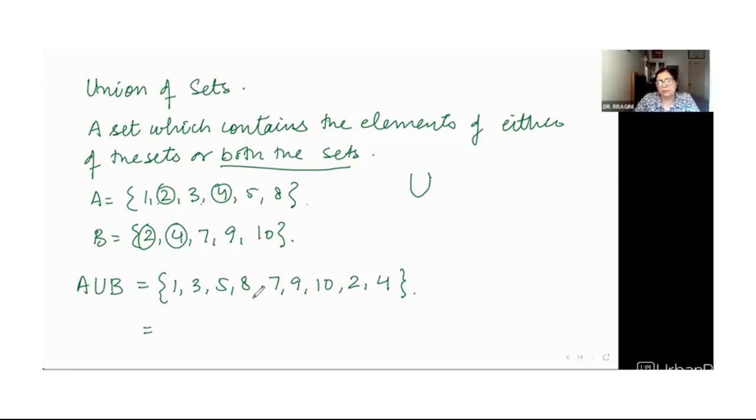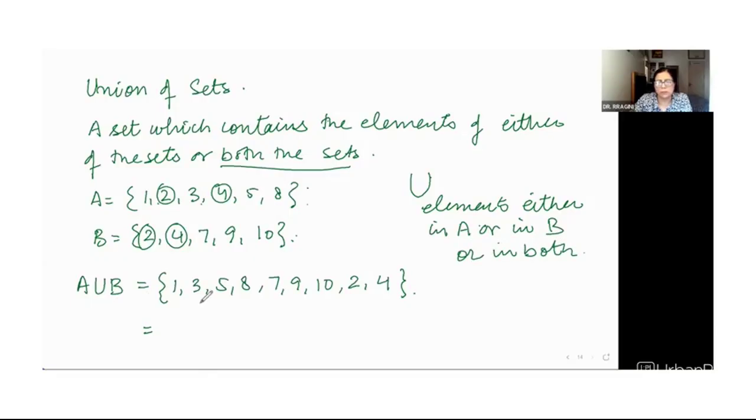So this is the union of these two, A union B, which contains all the elements which are either in A or in B or in both. So this is the way we find union. You can write it this way or you can arrange them in ascending order because order of a set doesn't matter. So this is how we find union of sets.